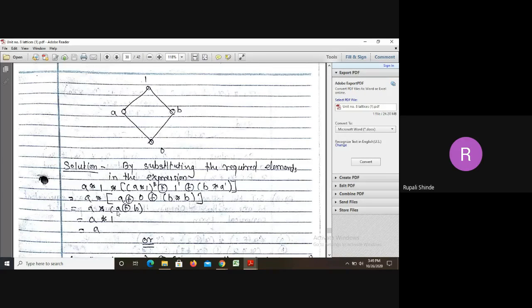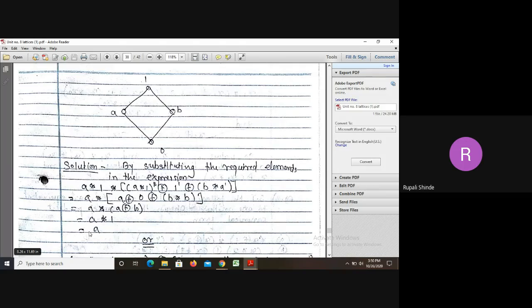A. So that we have written here, XOR B star B. Value for this one is B. Again we have to find A XOR B. A XOR B means what? 1, that is least upper bound of A and B. So A star 1, greatest lower bound of A and 1, it is A. In this way we can find value for this given expression.